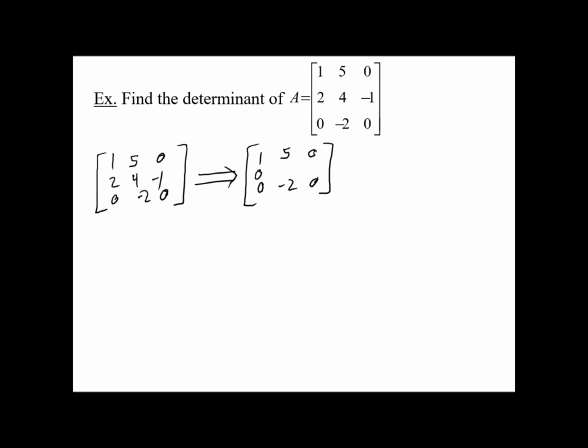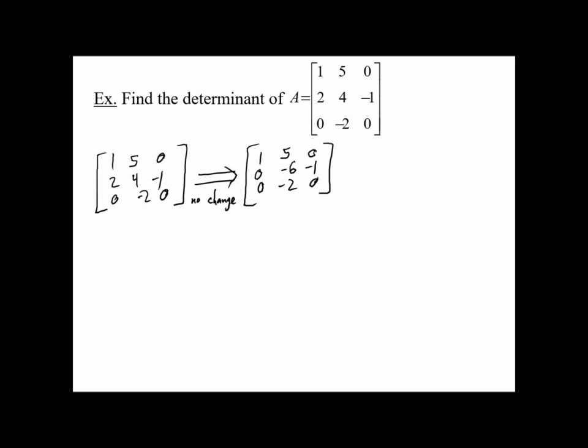So we get 0. Negative 2 times row 1 is negative 6, negative 1. This row operation does not change the determinant. So I'll just write no change.